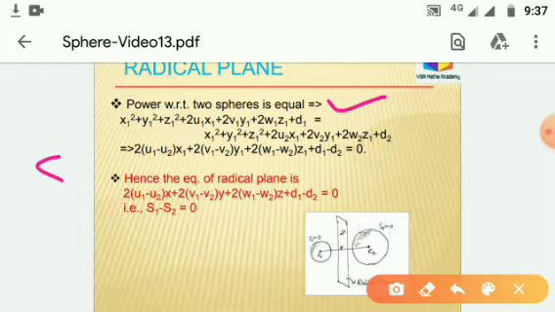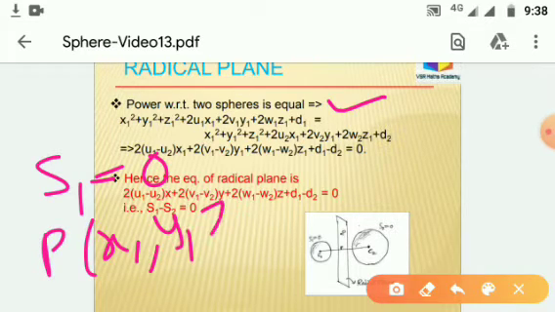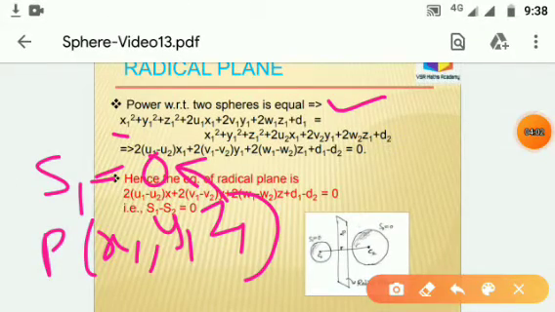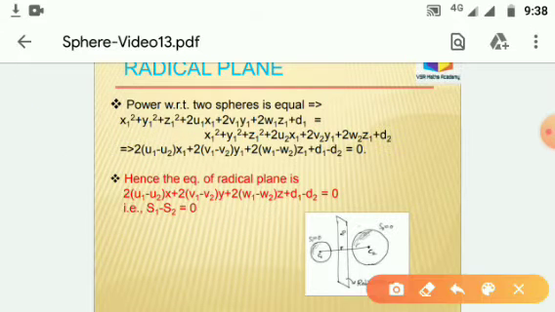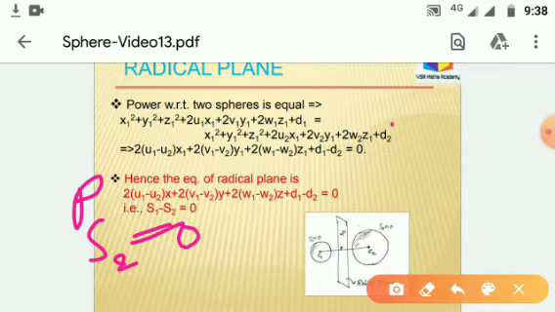The power of the point P (x1, y1, z1) with respect to the sphere S1 is x1 square plus y1 square plus z1 square plus 2u1x1 plus 2v1y1 plus 2w1z1 plus d1. The power of the point P with respect to the sphere S2 is x1 square plus y1 square plus z1 square plus 2u2x1 plus 2v2y1 plus 2w2z1 plus d2.